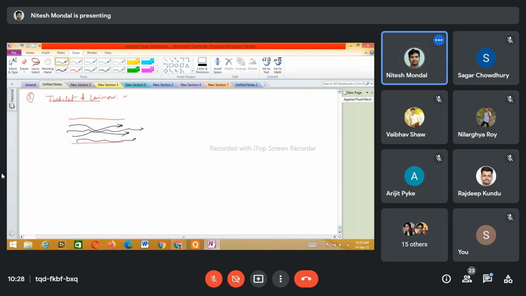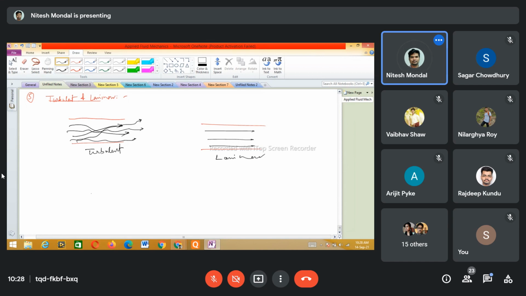It will mix with each other. But in case of laminar flow, there is layer by layer flow. There is no mixing of fluid. So parallel lines are there. There is no chance of mixing of the fluid. So this is the laminar flow, and this is the turbulent flow.